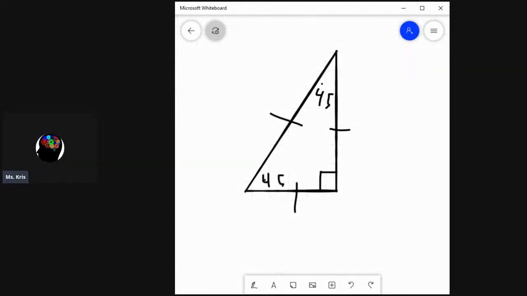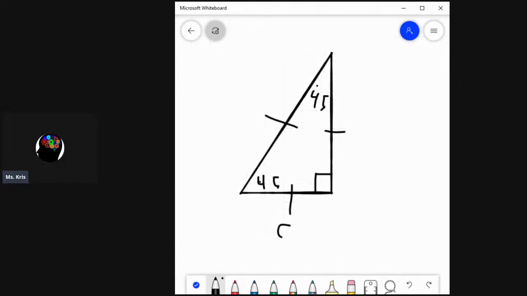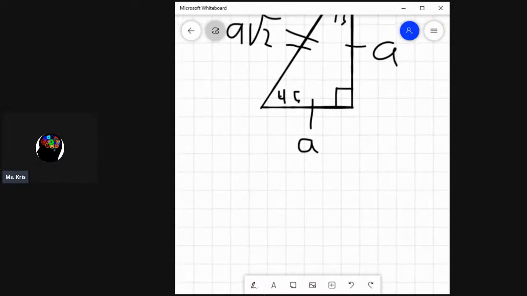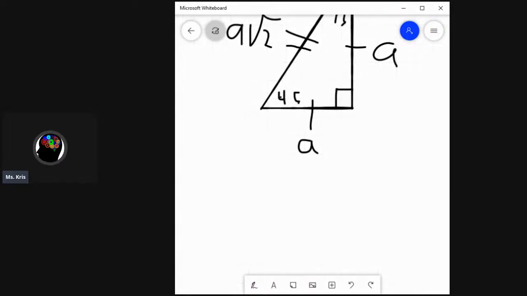So, if those two are equal to each other, then based on how we find our answer for our hypotenuse, which becomes a square root of 2, we find that by solving the Pythagorean theorem.